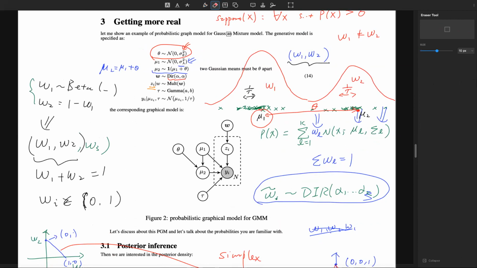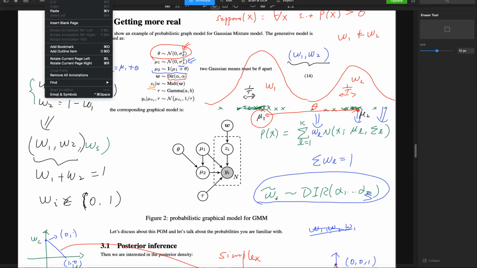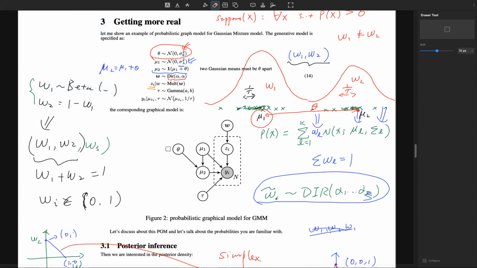I need to erase something. So if I pick a particular X, I'll say, this is Xi, which has a value, and I want to say the corresponding Zi.